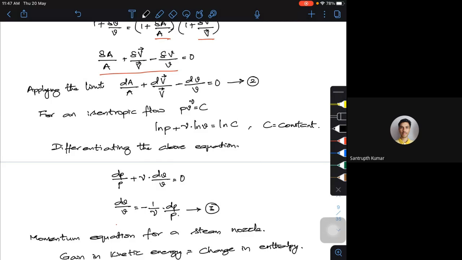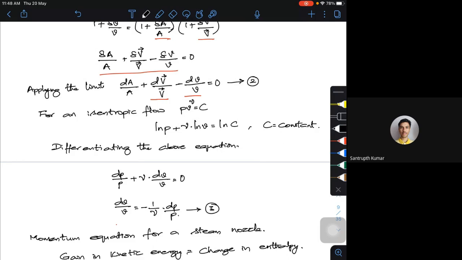There you retain dA by A, you substitute for dV by V, and substitute for the change in specific volume and the change in velocities. Whatever expression you get will be in terms of dA by A. That is the one which shows the relationship between the change in area and the Mach number.